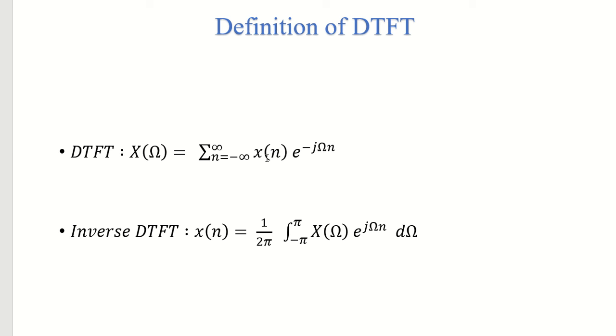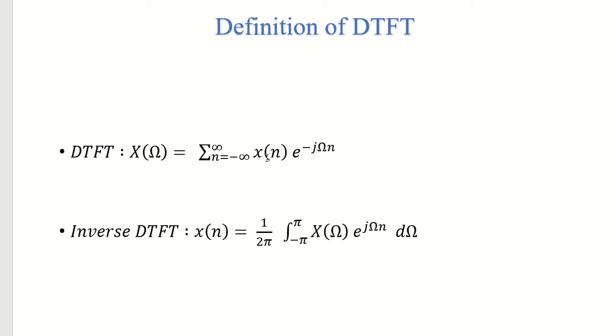X of omega, which is the discrete time Fourier transform of my original signal, will be equal to summation n equals minus infinity to infinity x of n into e raised to minus j omega n. That is your discrete time Fourier transform equation, and it is also called the analysis equation.